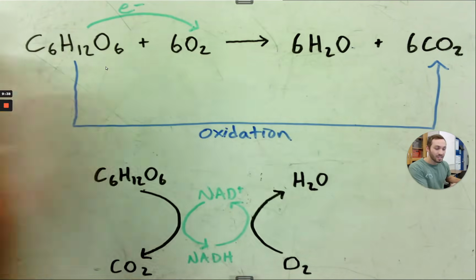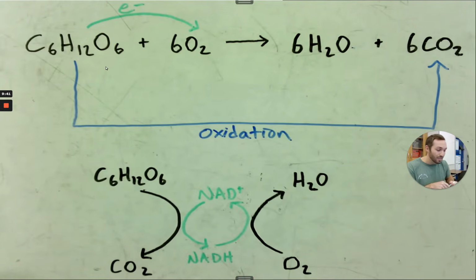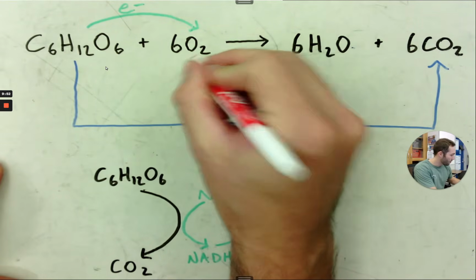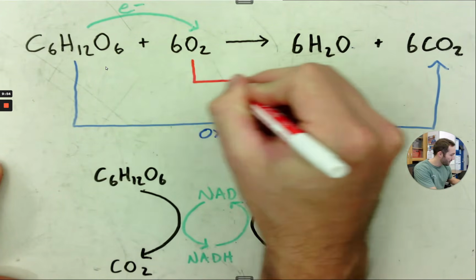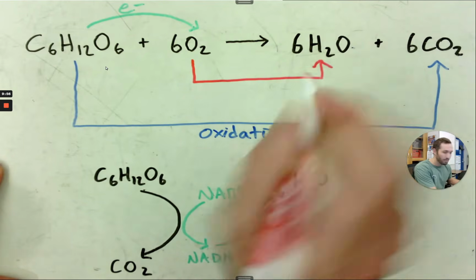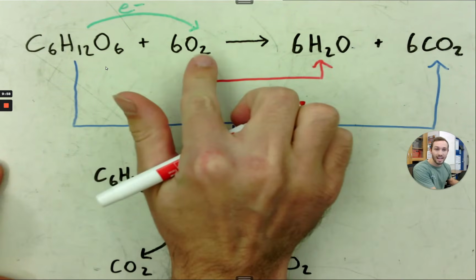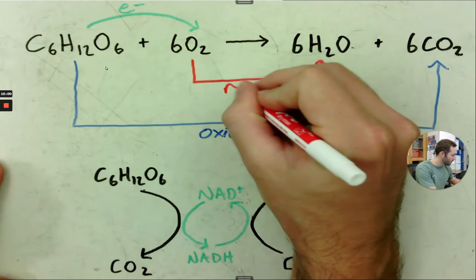And so oxygen is going to be the one who receives and gains those electrons. And when oxygen gains those electrons, it's going to change the molecule of oxygen. That O2 molecule actually becomes water. So when oxygen is reduced, when it gains electrons, it becomes water. Since oxygen is the one gaining electrons, we're going to say that that's reduction.